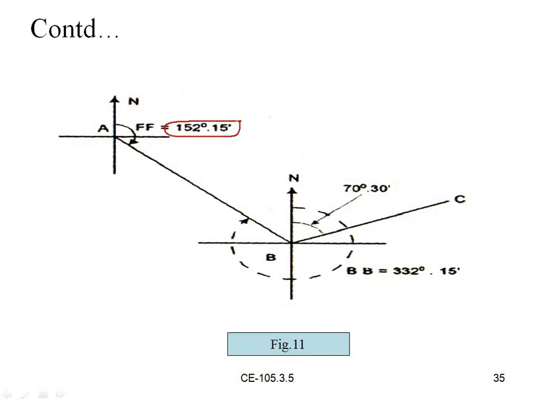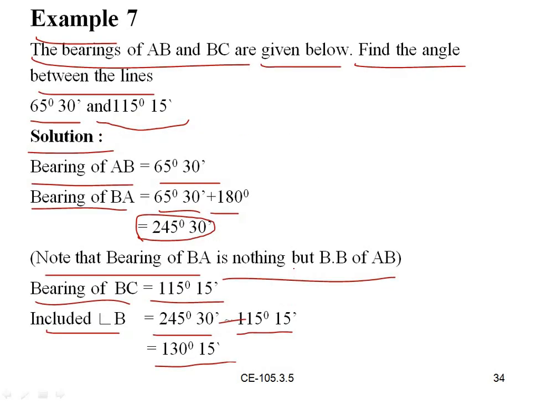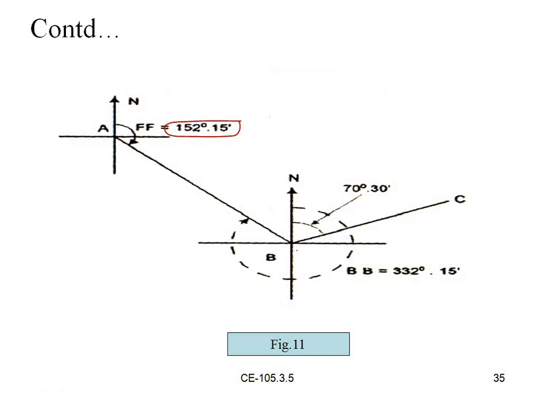So we have done 245 degrees 30 minutes minus 115 degrees 15 minutes, then we will get the angle. So this is for bearing and this is the back bearing.